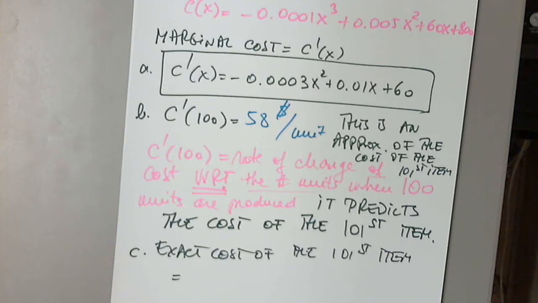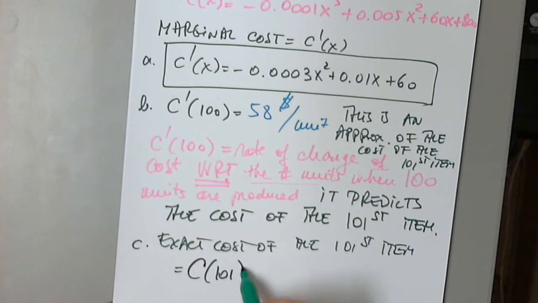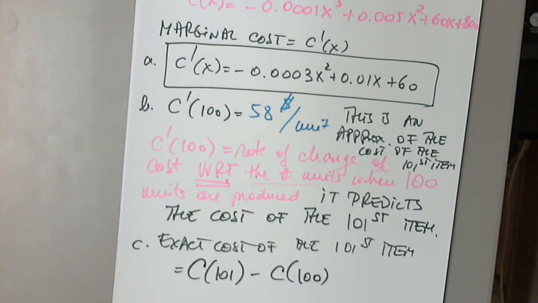Okay, so then how do we find the exact cost of the 101st item? That's it. So let's put it in the graphing calculator. I refuse to do this by hand. Make sure I put in the cost, not the derivative.